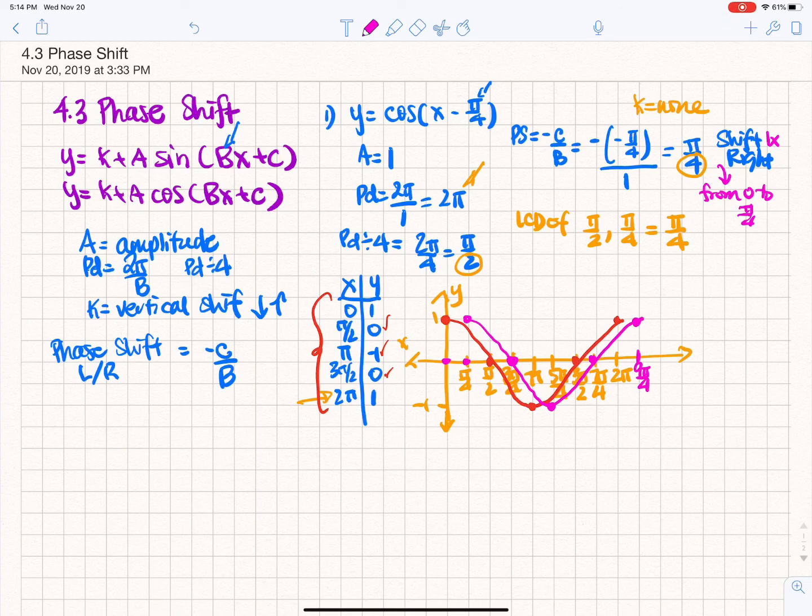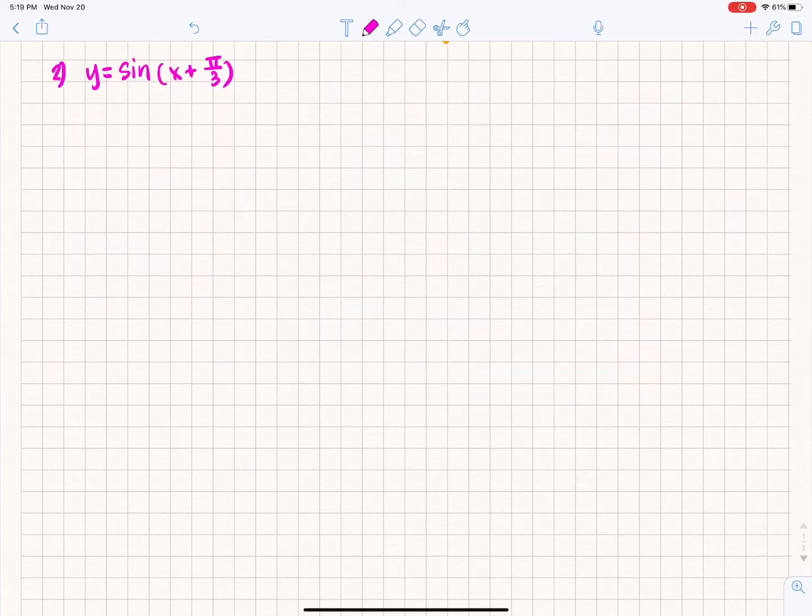Okay, let's look at number 2. Number 2, y equals sine times the quantity x plus pi over 3. A here is 1, period, 2 pi over b. b is 1, which is 2 pi. Then you divide your period by 4.